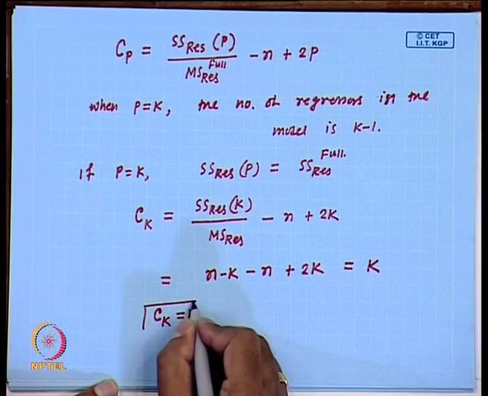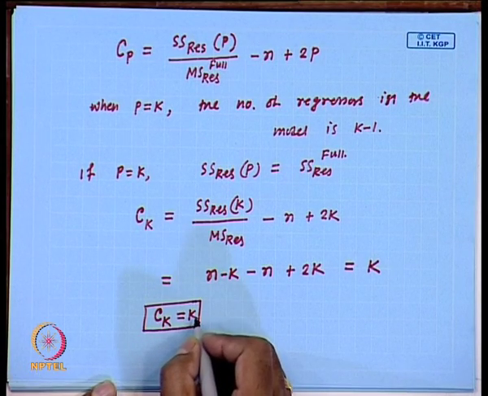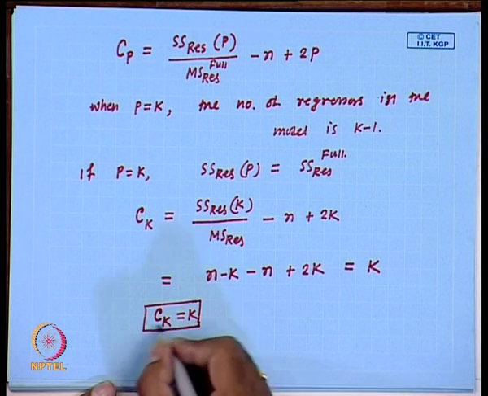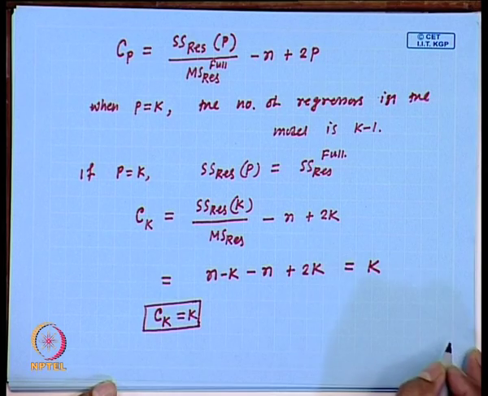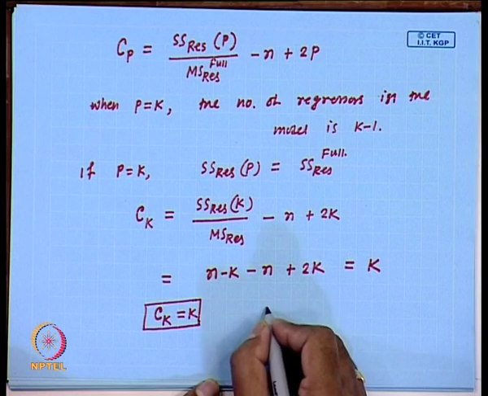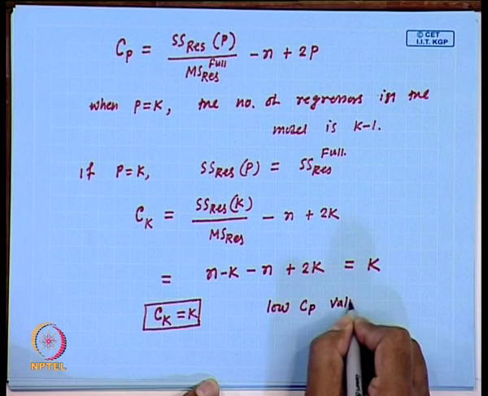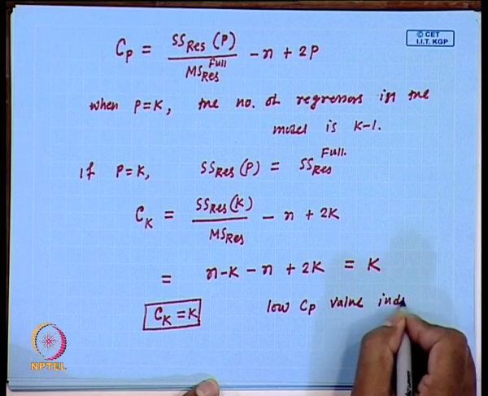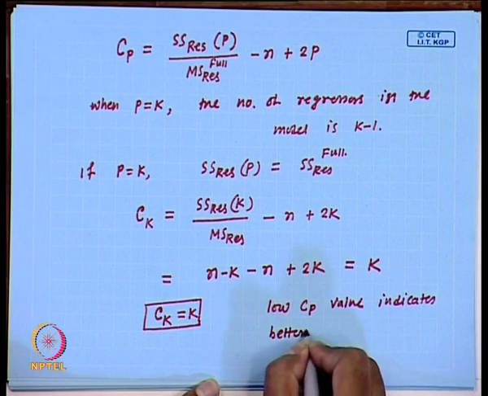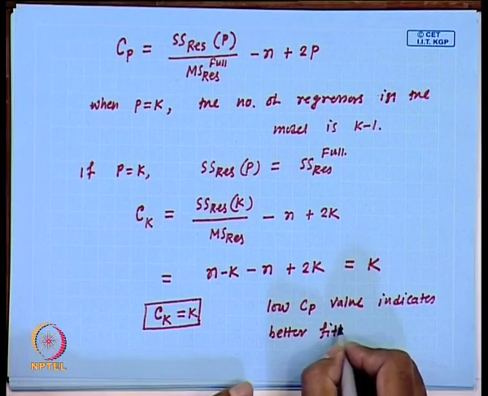That means, for the full model the Ck value is in fact equal to k, and you can note that a low Cp value indicates better fit. Okay.